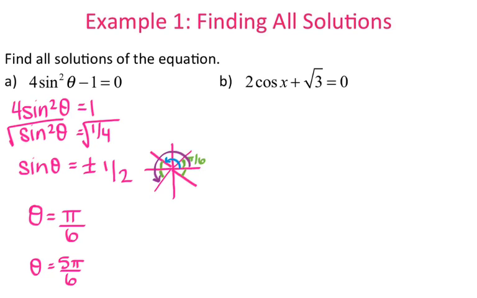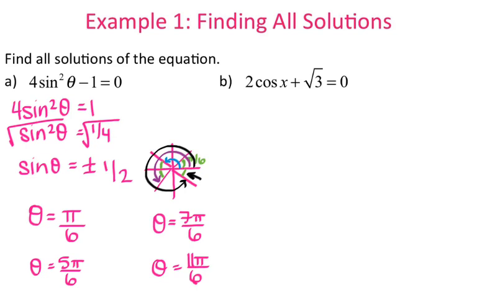So that's pi plus pi over 6, which is 7 pi over 6. And then finally, that fourth angle is starting from my positive x-axis going all the way around. So that's 2 pi minus this wedge, which is pi over 6, so that's 11 pi over 6.